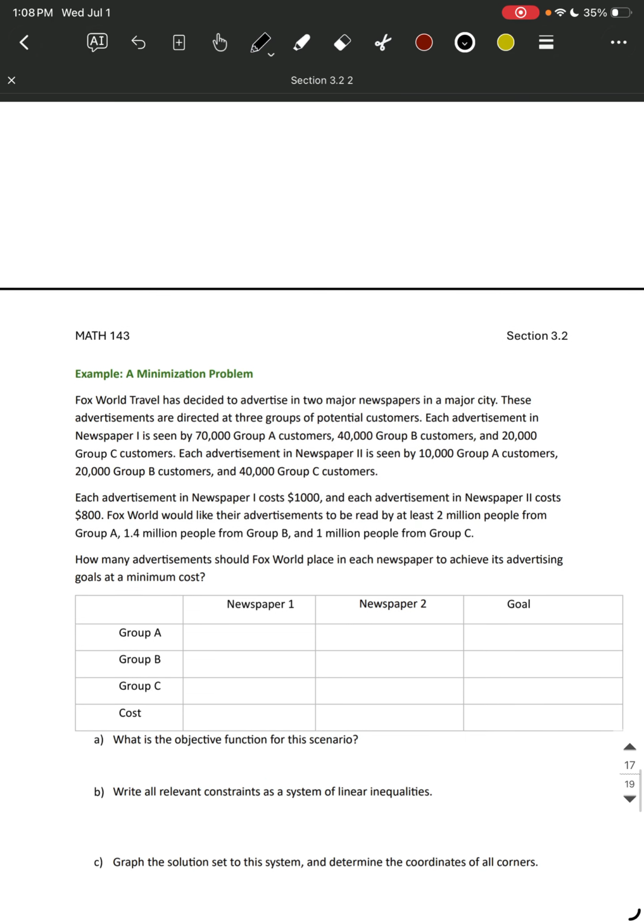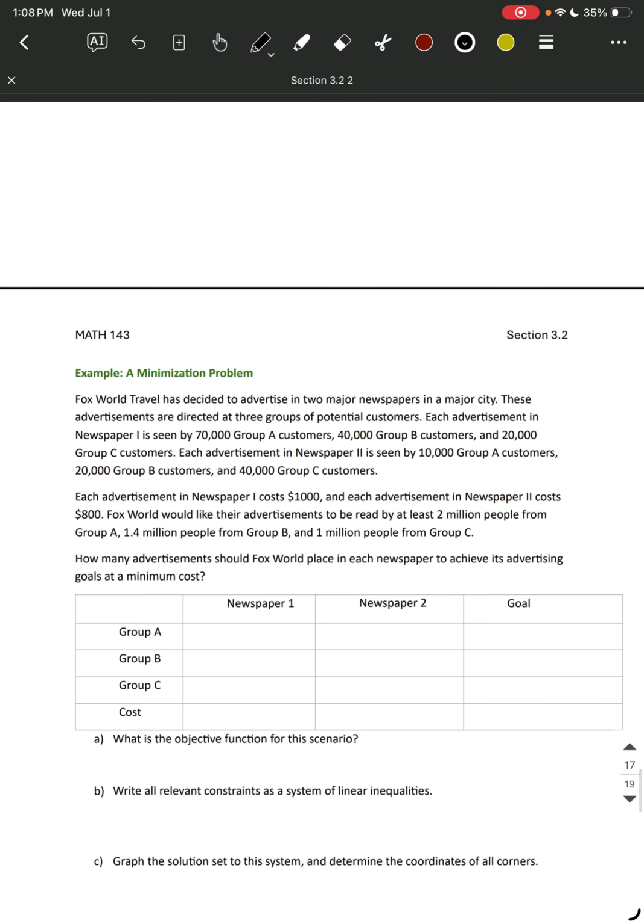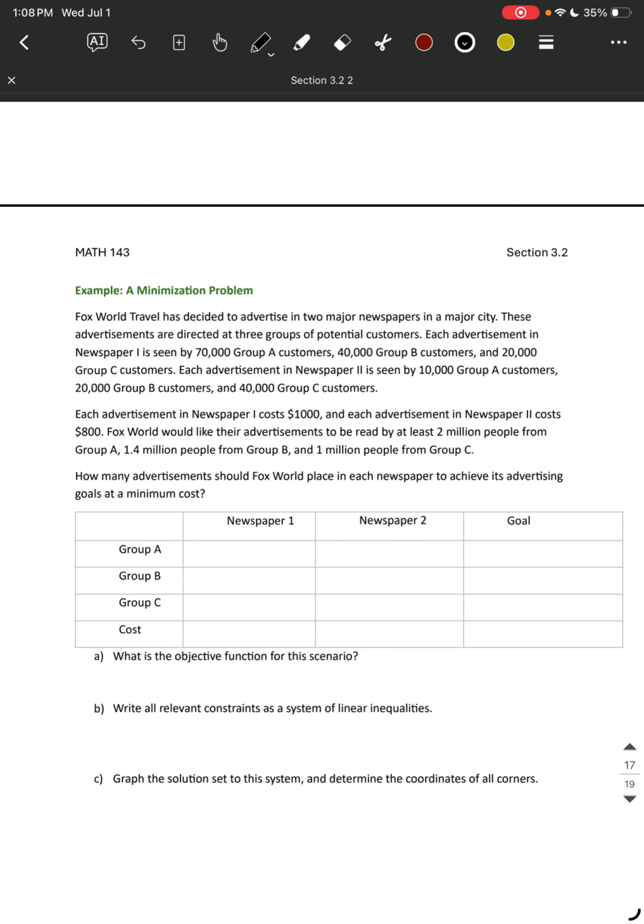Next. Not every business wants to maximize something. Sometimes we want to minimize the cost. So let's see a minimization problem as an example. The word problem: Foxworld Travel has decided to advertise in 2 major newspapers in a major city.